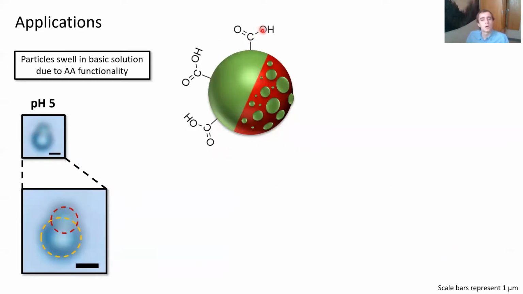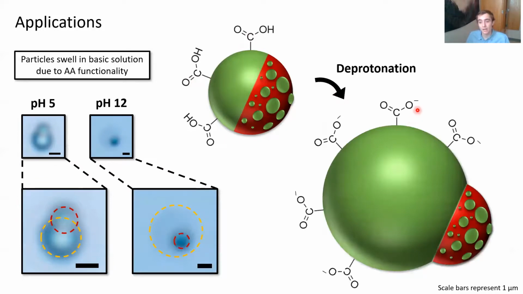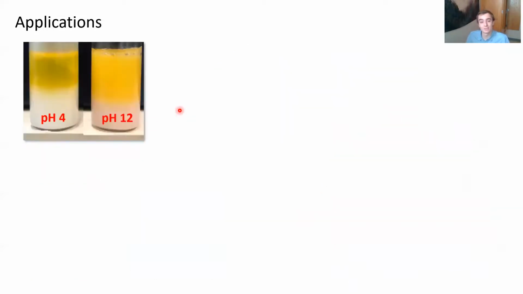So finally, some quick applications of our system. Essentially, these particles have acrylic acid groups on them. At a high pH, these acrylic acid groups are deprotonated. We're left with a negative charge, and these groups all repel each other, which causes the hemisphere to basically balloon to nearly 3 times its size, as seen in these optical microscopy images. And so we can take advantage of this in an emulsion.